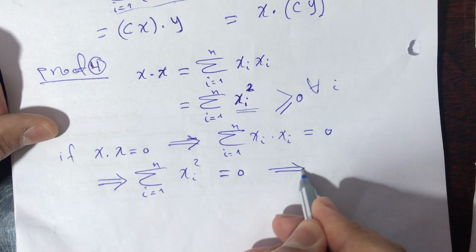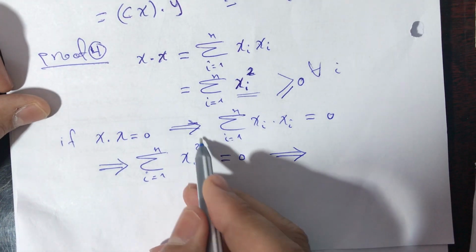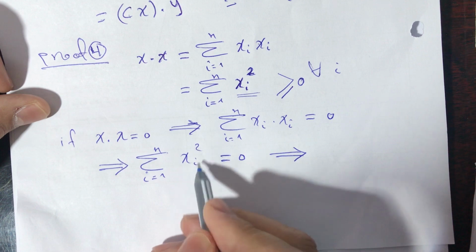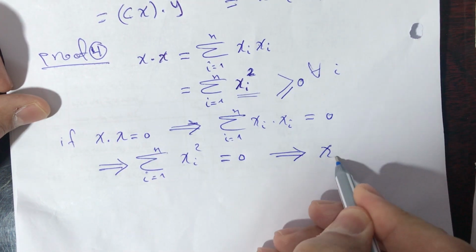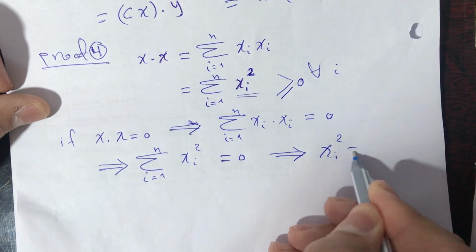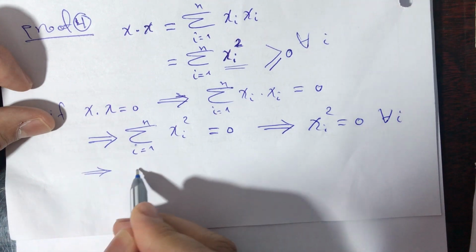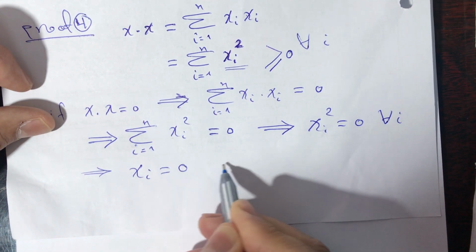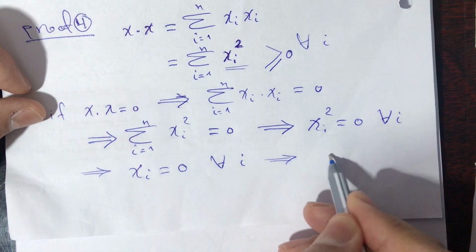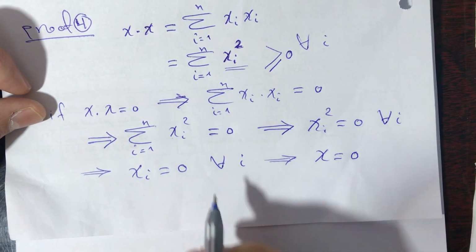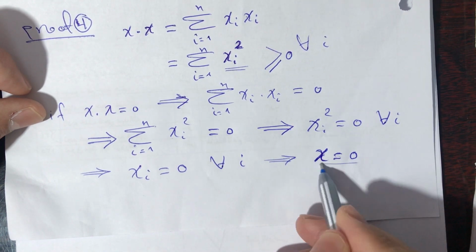Because these are non-negative numbers and this is a sum, all of the x_i squared are equal to 0 for all i, and this means x_i is equal to 0 for all i. So that implies x is equal to 0.